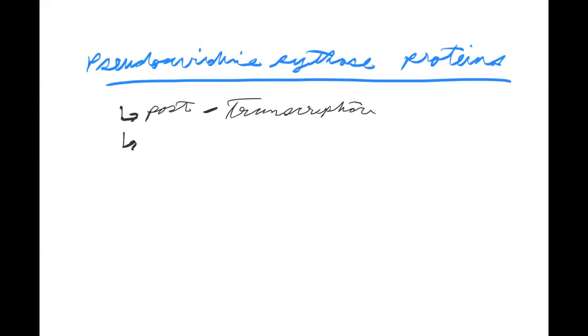Now, there are different pseudouridine synthases, and it looks like there are about 5 different types. So let's count them. There's something called TRUA, TRUB, TRUD, RLUA, and RSUA.